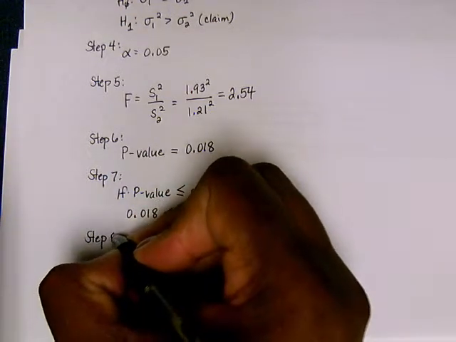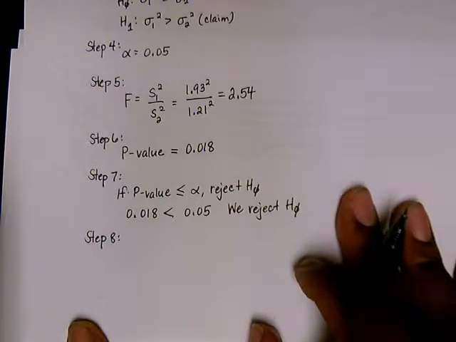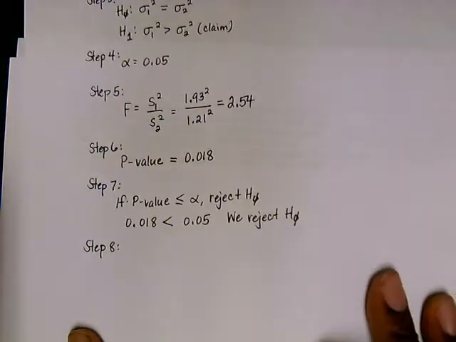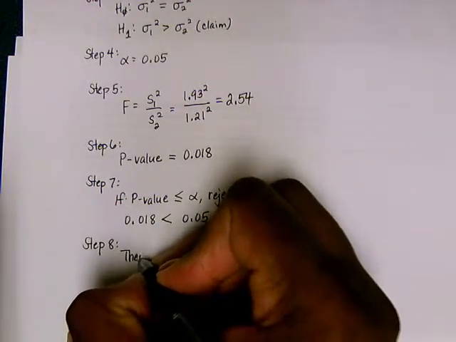And then finally, step number 8 is writing our conclusion statement here using simple non-technical terms. The claim was the alternative hypothesis, and we rejected the null. So that means that there is sufficient evidence to support the claim.